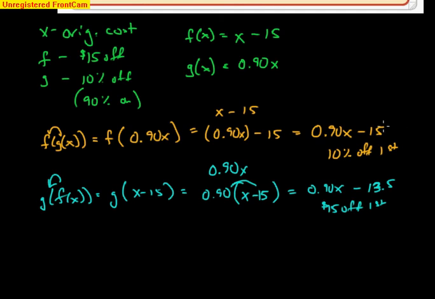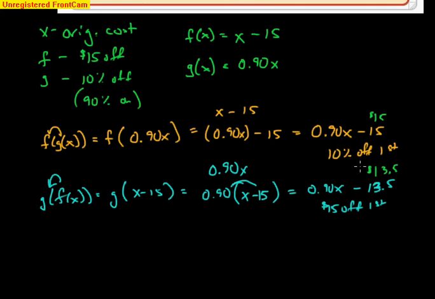And if you look, in the top one, you get $15 off. In the bottom one, you only get $13.50 off. So in the top, you're actually paying $1.50 more. I'm sorry, I am backwards. In the top, you're getting $15 off.